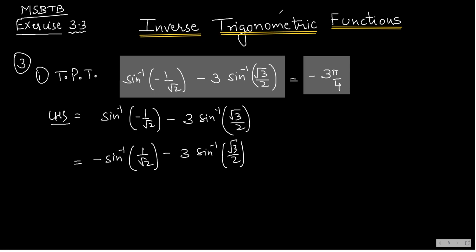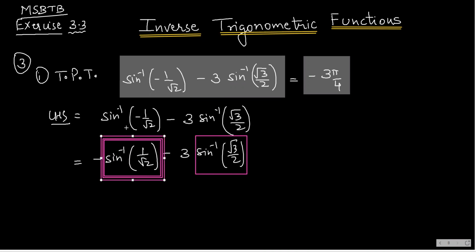Now, by now we all have understood that if we have inverse trigonometric functions, this is an angle, and this is also an angle. Which angle is this? It is the angle for which sine value is 1 by root 2.